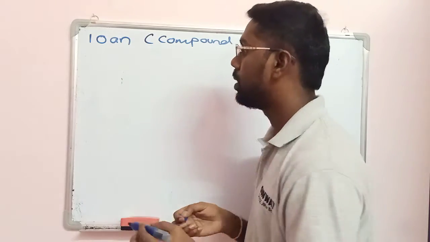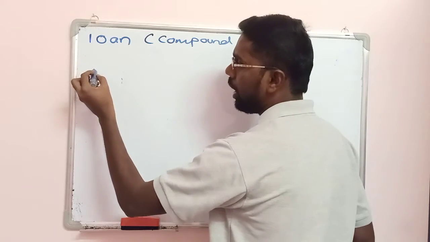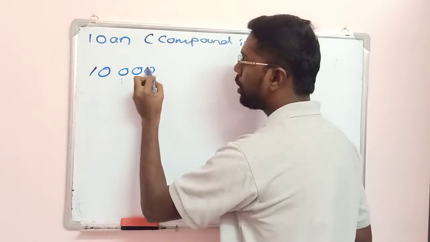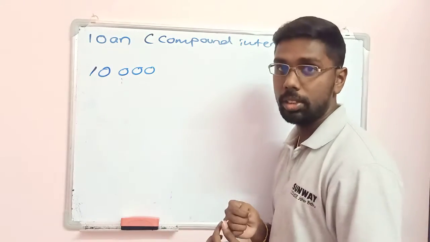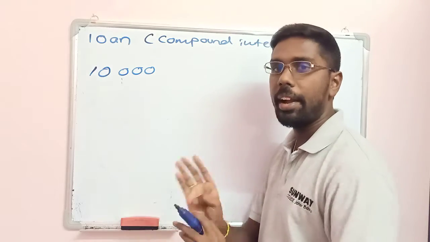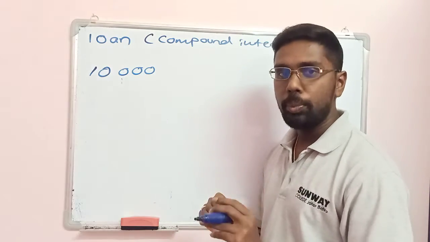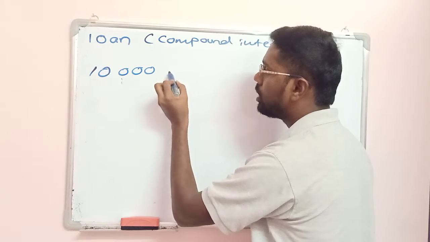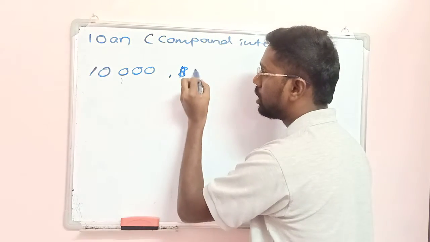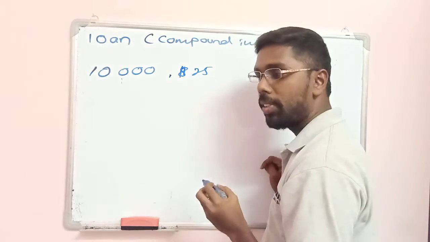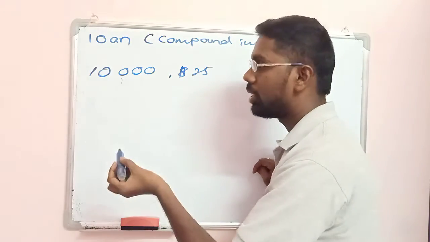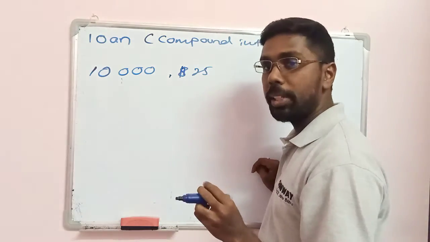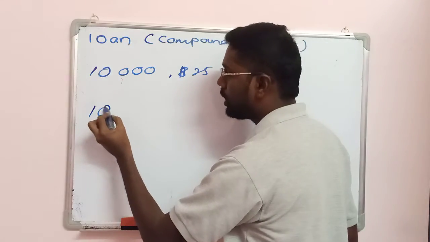Okay, for example, let's say I borrowed 10,000 from the bank. The first month I never pay them, so they charge me interest. Let's say my interest is $25. When they go for the second month, the interest going to be charged is based on this amount.